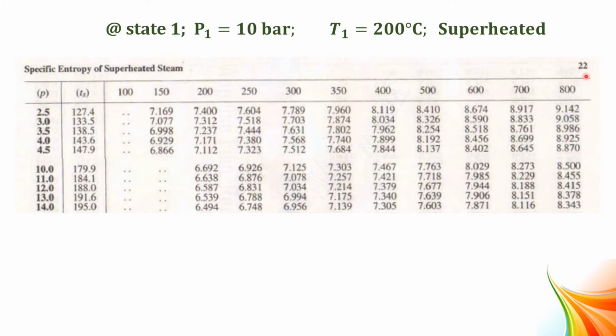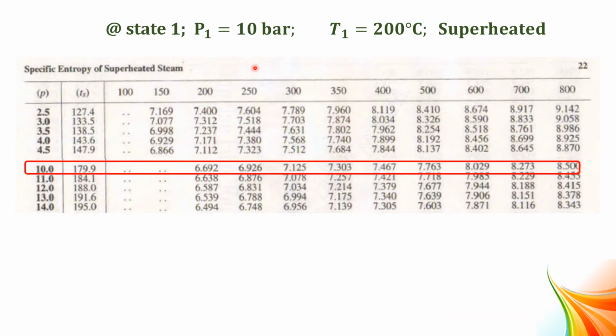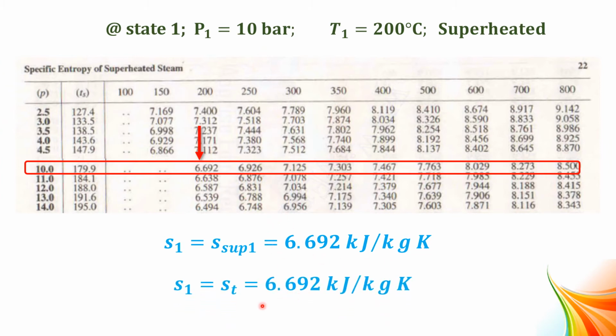Now from specific entropy of superheated steam table at page number 22, corresponding to a pressure of 10 bar and temperature of 200 degrees centigrade, we have to find out the value of S1 equal to s superheated equal to 6.692 kilojoule per kilogram Kelvin. So we know S1 equal to St equal to S2 equal to 6.692 kilojoule per kilogram Kelvin.